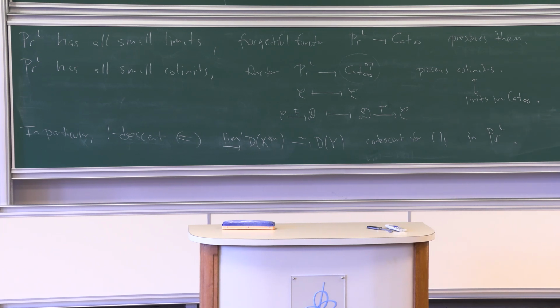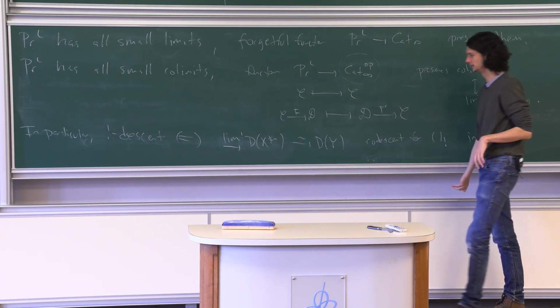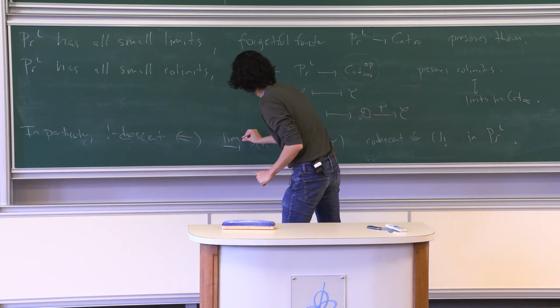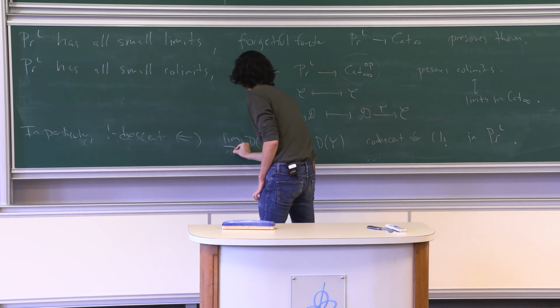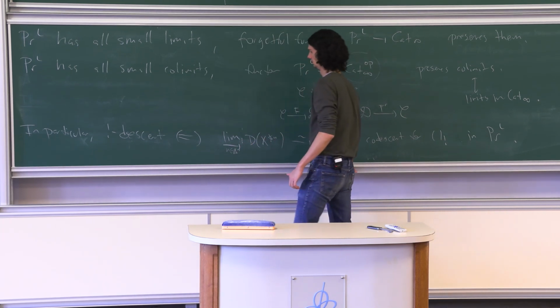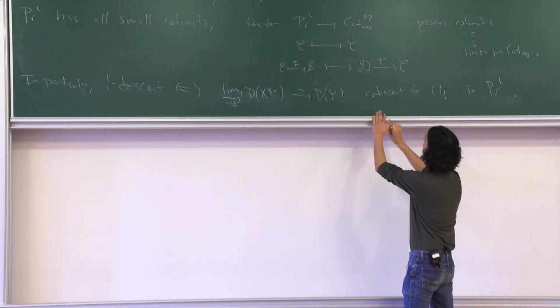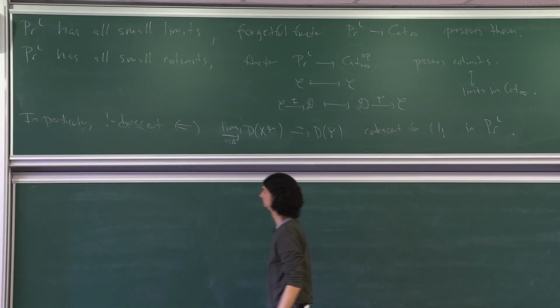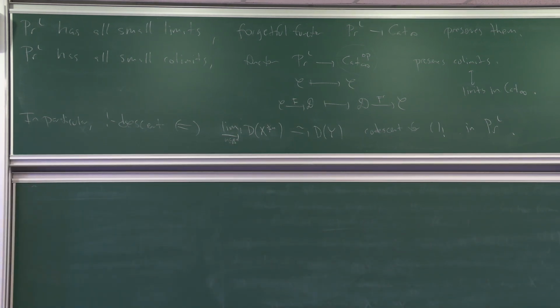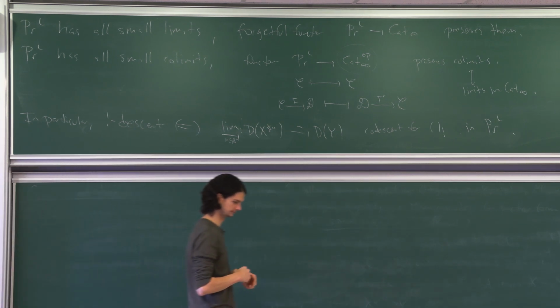And that's a much more convenient way of thinking about it. Maybe I should put this down here now. And then this is the limit, but the limit is to be interpreted as the colimit in the sense of PRL.